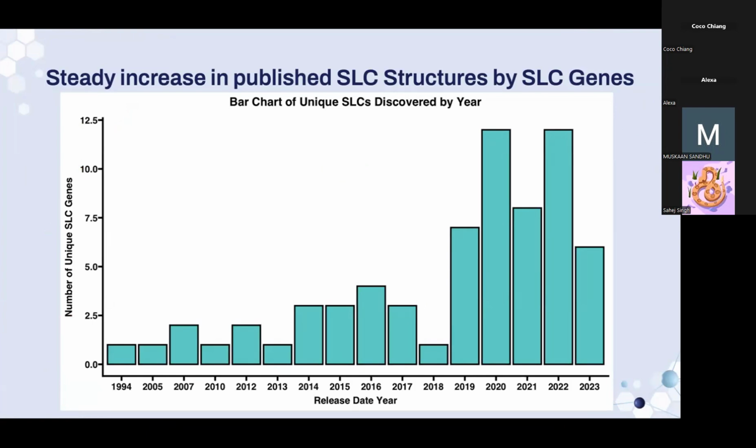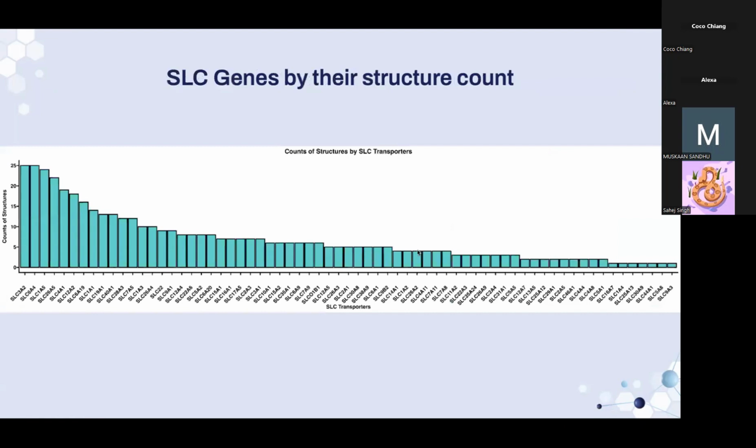Based on the graph in the slide, the earliest structures were discovered in 1994 and have overall increased throughout time, with a noticeable increase happening around 2019, with 2020 and 2022 having the highest number of SLC structures discovered. This graph shows the SLC genes by their structure count. Out of the 67 SLC transporters, SLC3A2, 6A4, and 1A5 had more than 20 structures. On average, each of the SLC genes had about 6 corresponding structures in the database.